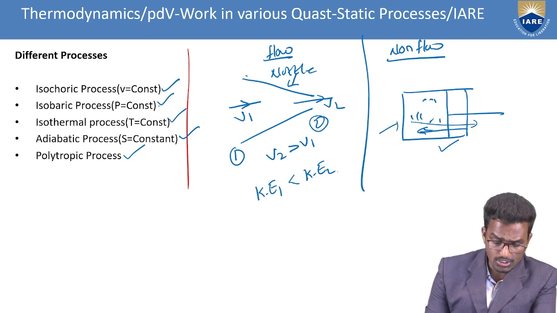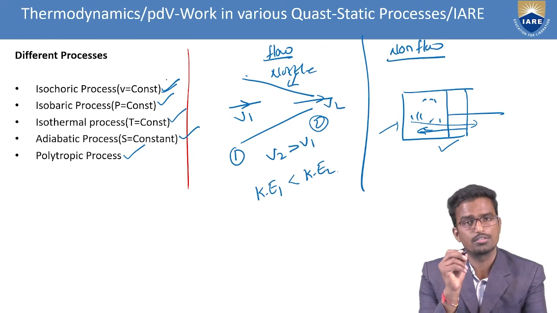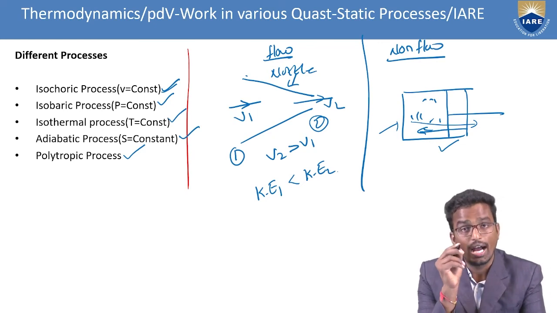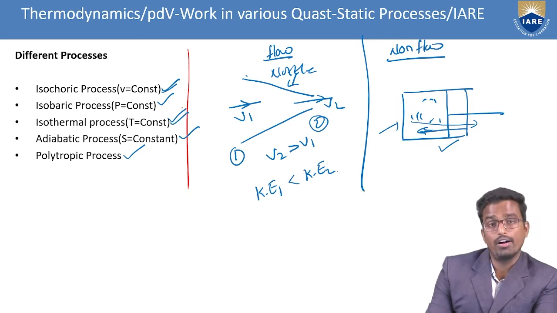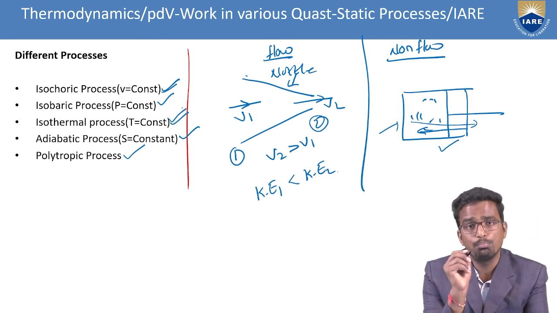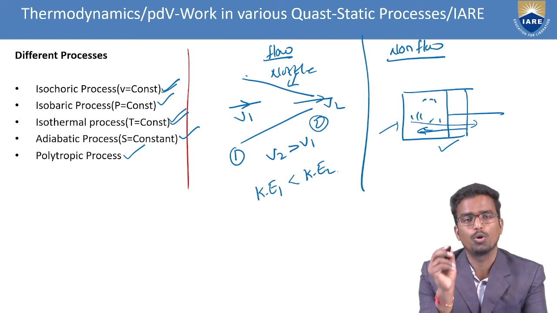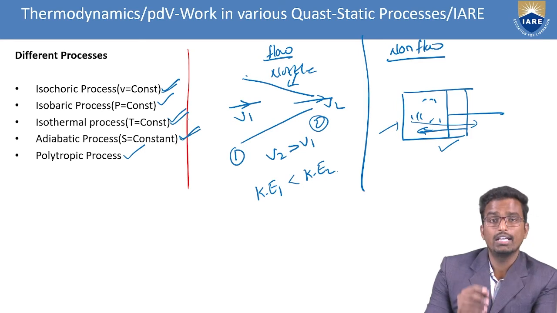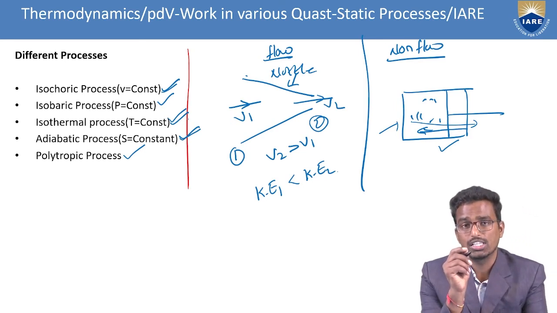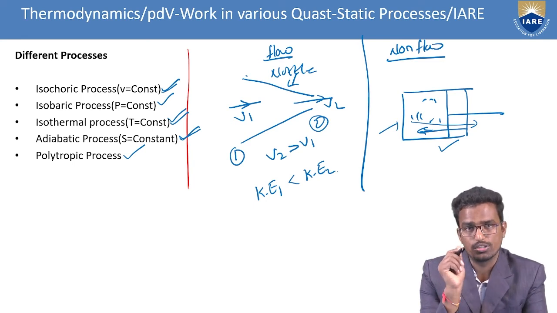If a system works at constant volume, we call it an isochoric process. If a system works at constant temperature, it is an isothermal process. If the heat transfer is negligible, then we call it an adiabatic process.